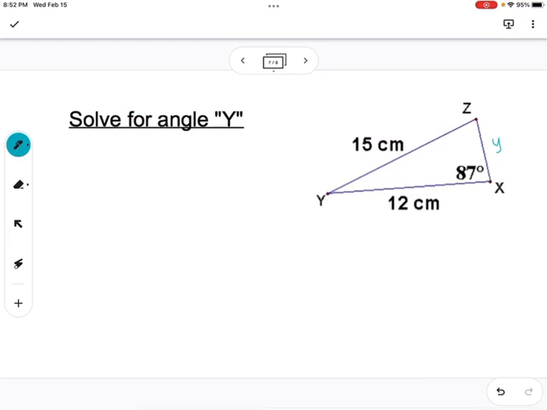Okay, we do not know side Y. So if we only have one pair, only one pair, we can't use sine law.